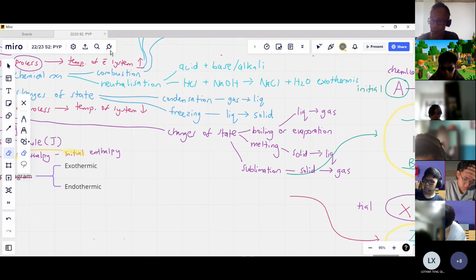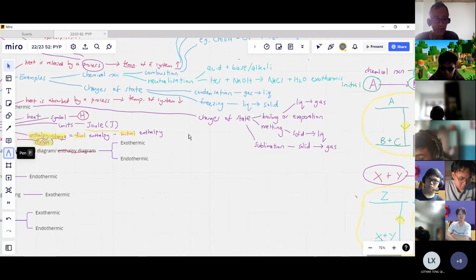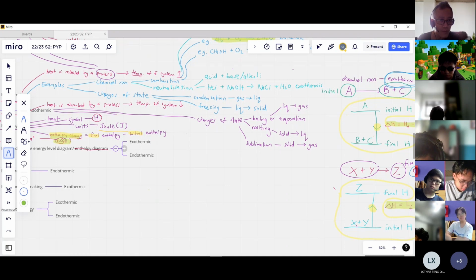Okay, questions, anyone? No? Oh, yes, before I forget. For endothermic, we also have some other processes which are endothermic.